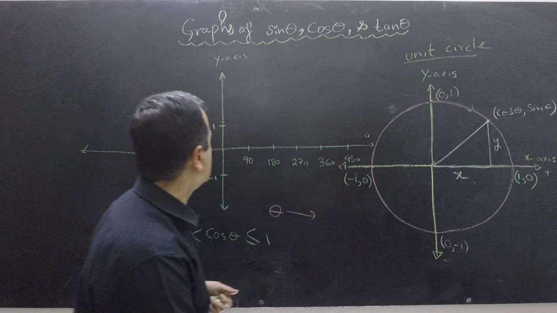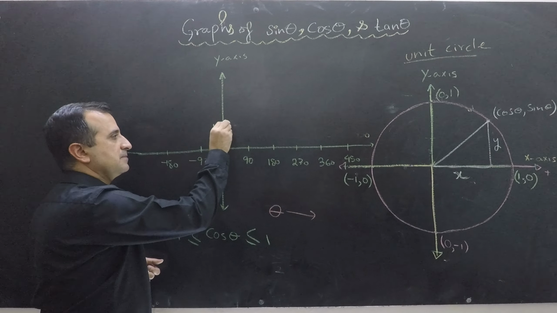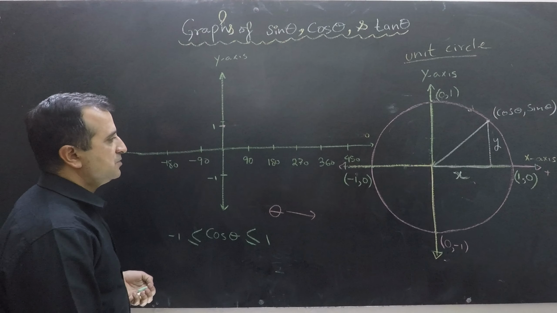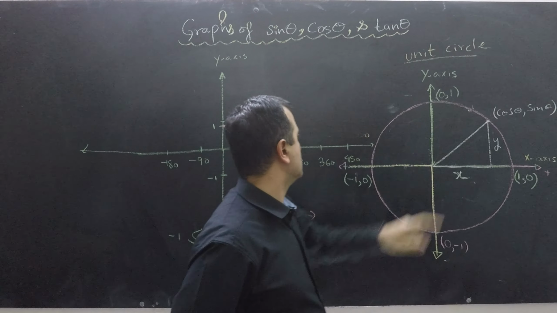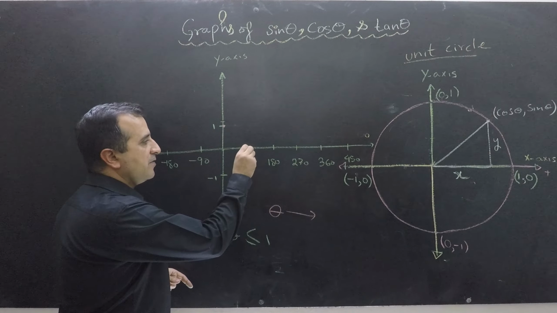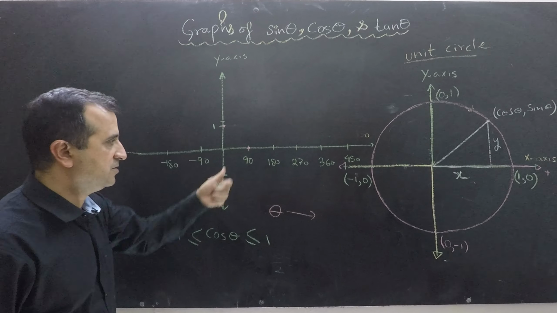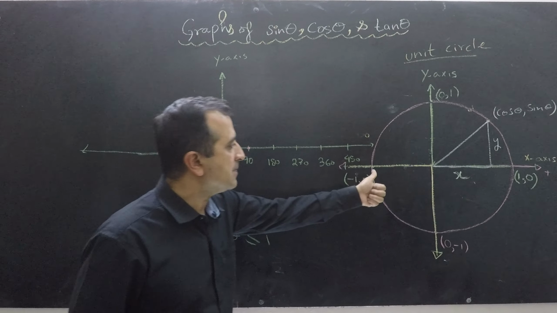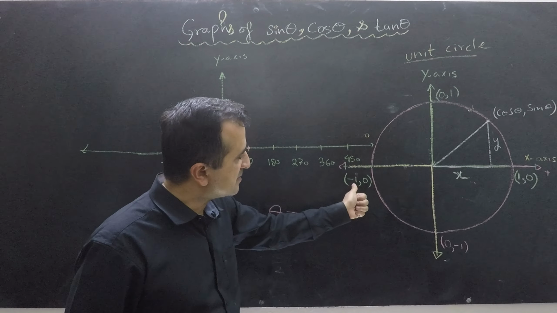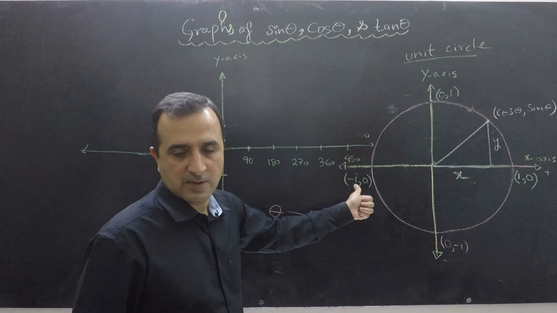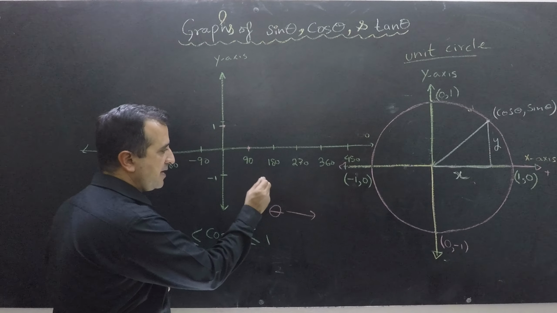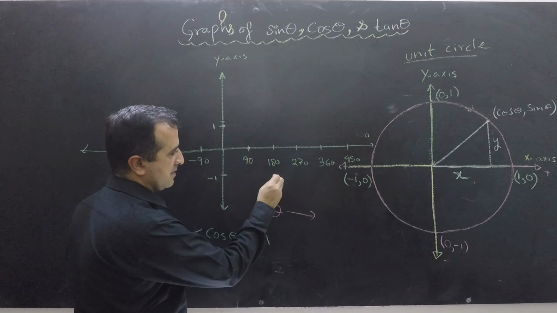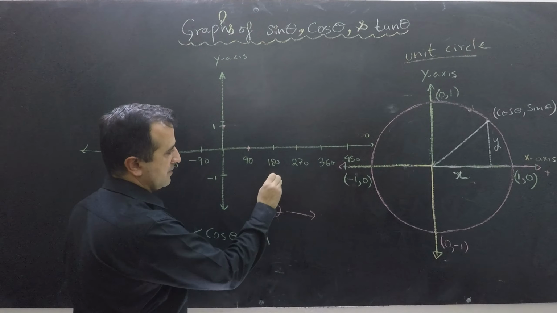So when theta is 90, our cos is 0. At 180, our cos is minus 1. When theta is 180, our cos is minus 1.